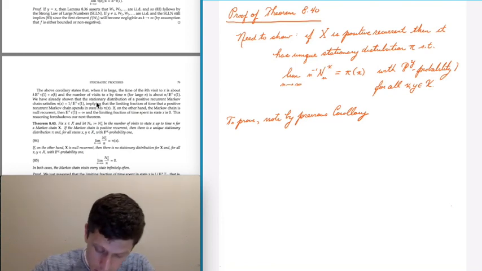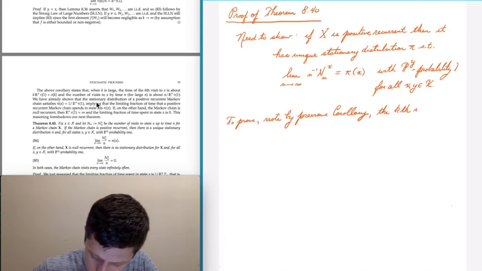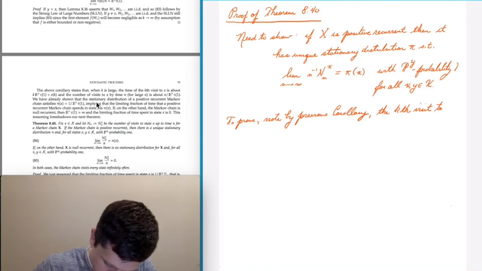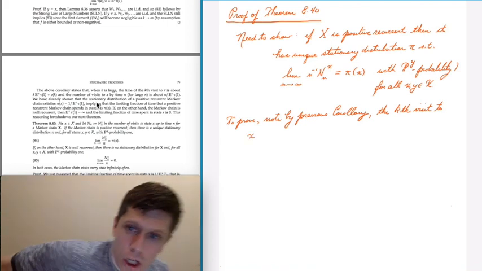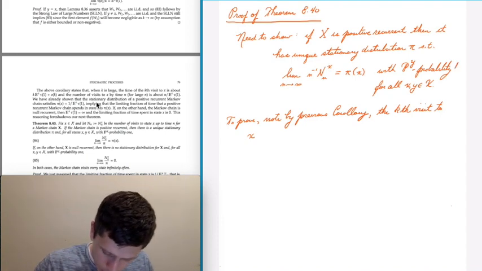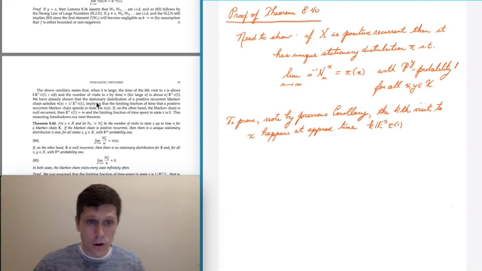So the kth visit to x happens at approximately time k times the expected amount of time it takes for the first return to happen.